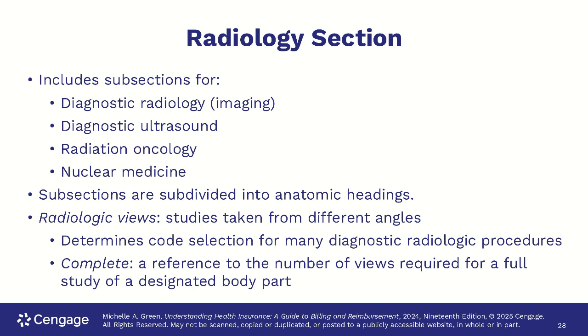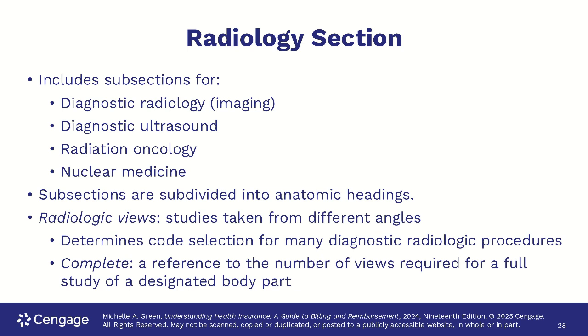And the subsections are divided based upon anatomic site. So if you go to diagnostic radiology, you're going to see the differences. You're going to see the anatomical site, and then you're going to see the procedures themselves.